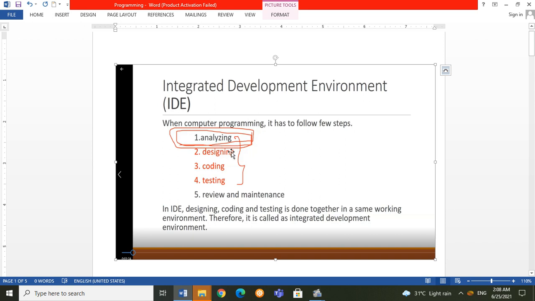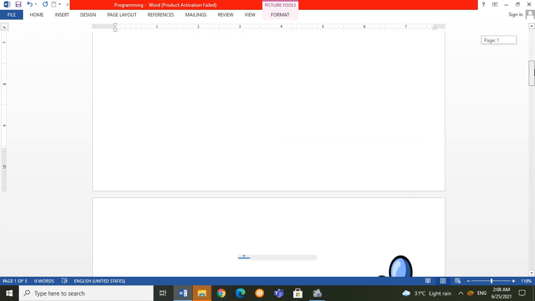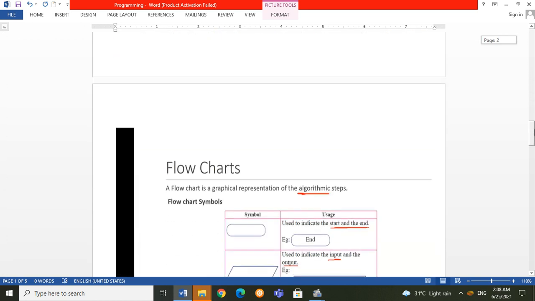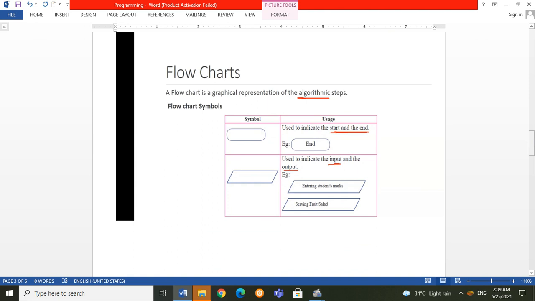So when you are going to design this, there are some techniques, right? Techniques that we are using for designing. Okay. This is one.